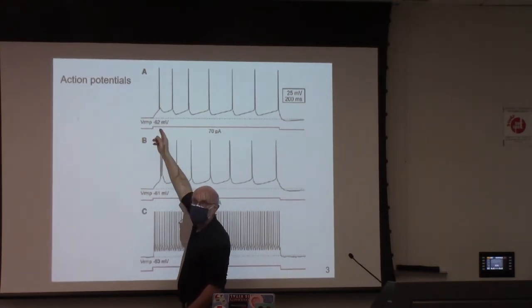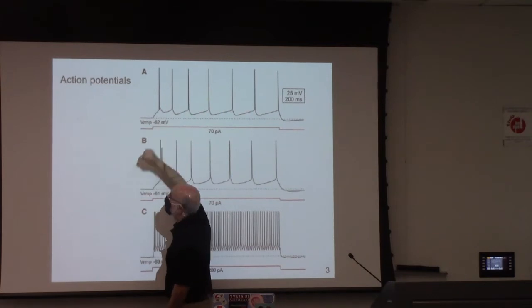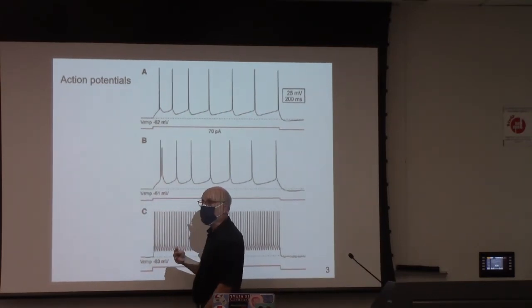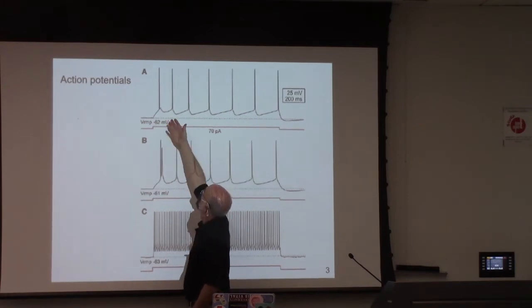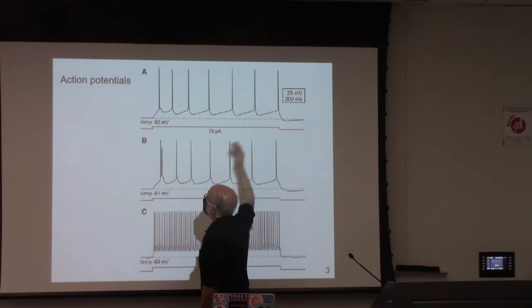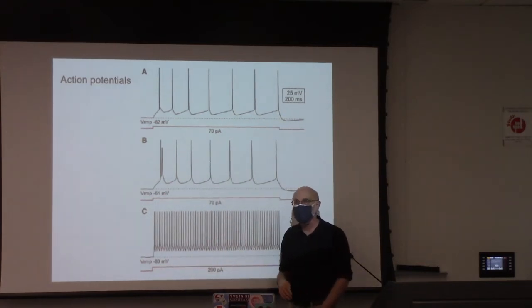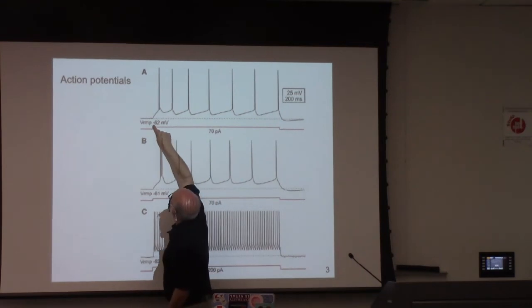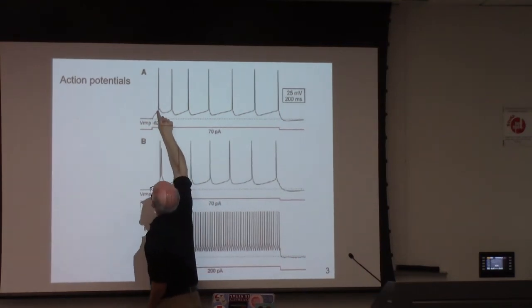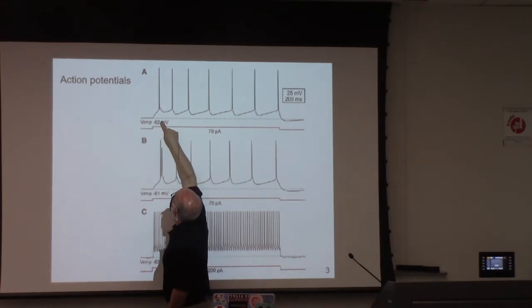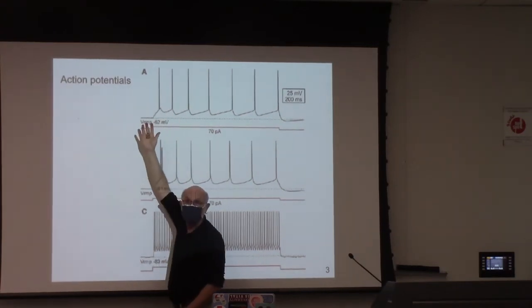An EPSP is a small depolarization, and if the small depolarization is big enough, it will start to fire an action potential, one or a train, a series of them. So a depolarization causes a depolarization of the neuron. This one reached threshold.